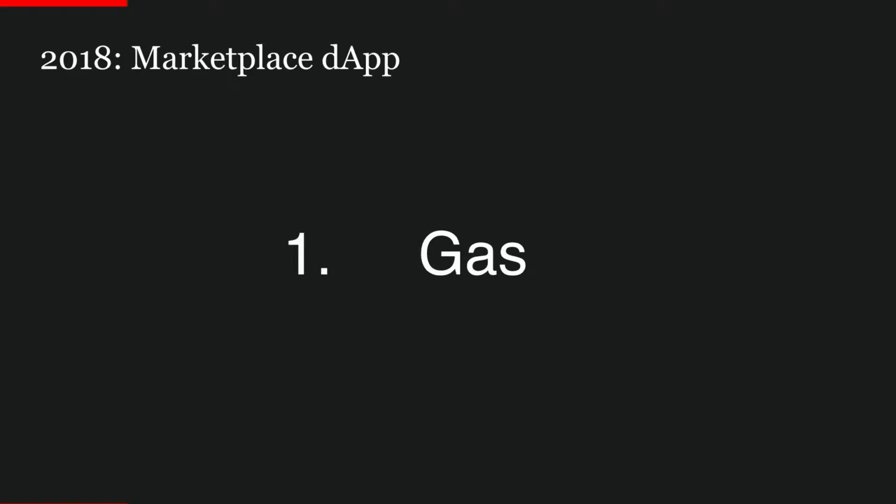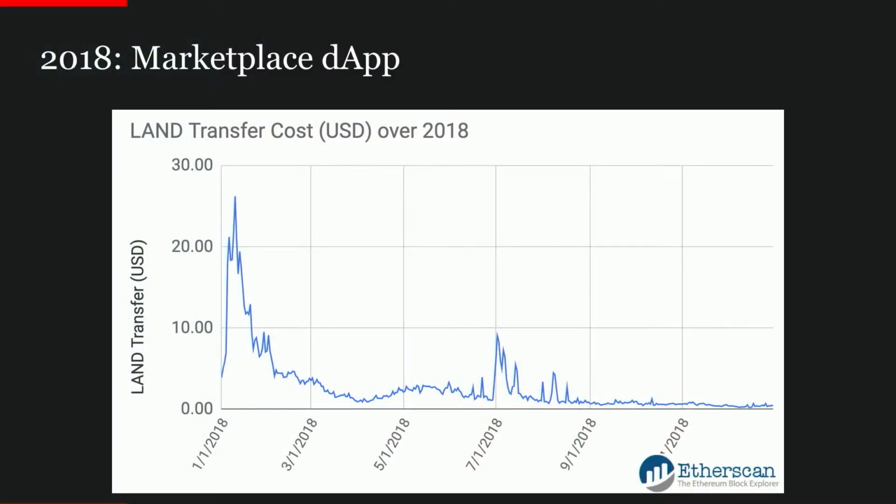The first thing that we thought was going to be a huge problem is gas. It's a little bit unaffordable right now, unfortunately. The gas required to transfer a piece of land, which is our NFT representing a parcel of land, started at around $20, almost $30 at the beginning of the year, but quickly came down.